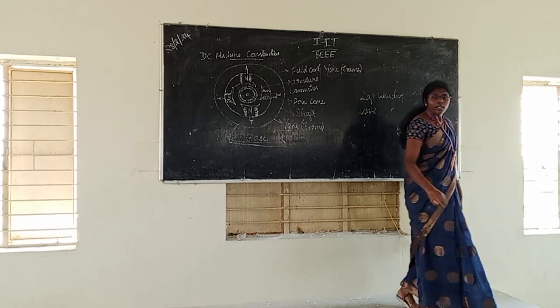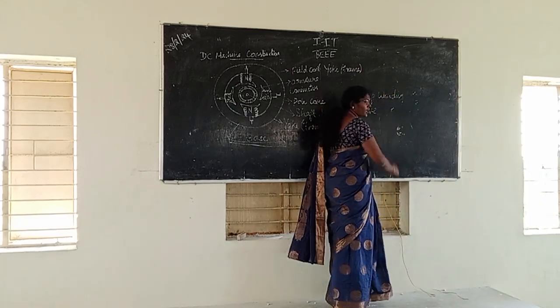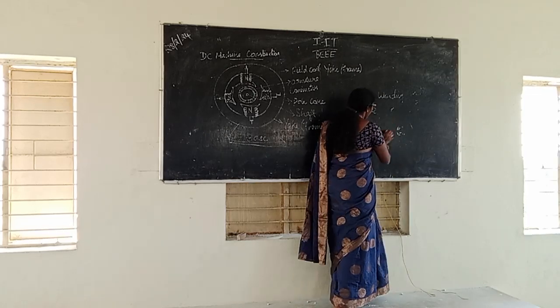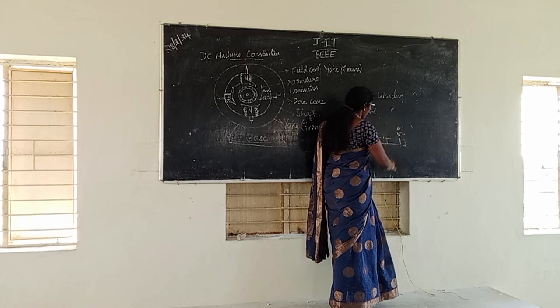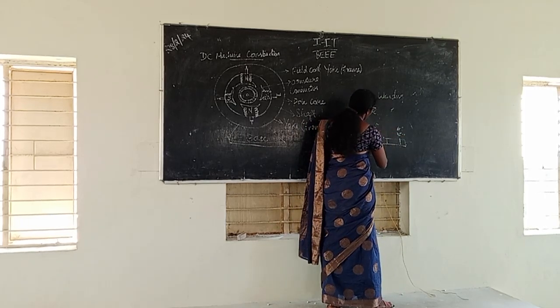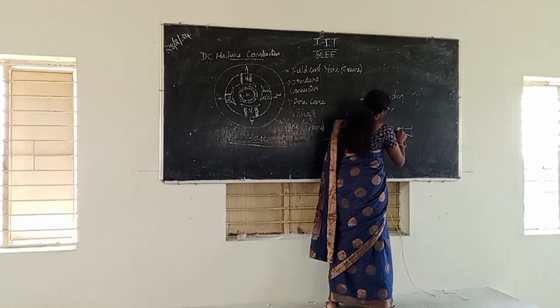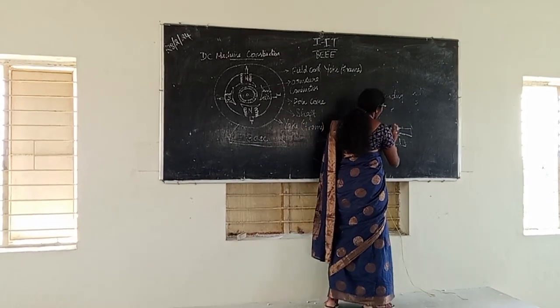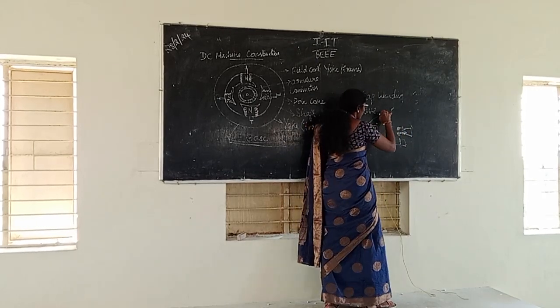For example, here is north, south, two, right? So it will be like this. If it is like this way, first to the north, south, again north. So just so you know, north and south.